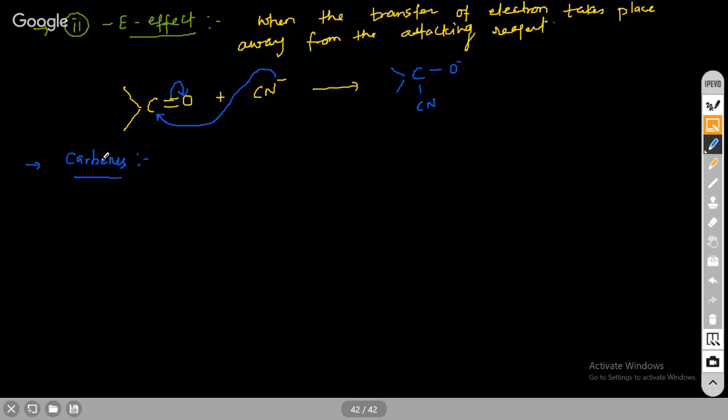Similarly, we have nitrenes also, which we'll discuss. Carbene is nothing but the methylene group. Carbene is methylene only, which is nothing but CH2 with one lone pair. Methylene is CH2 with one lone pair. Okay, write this down.